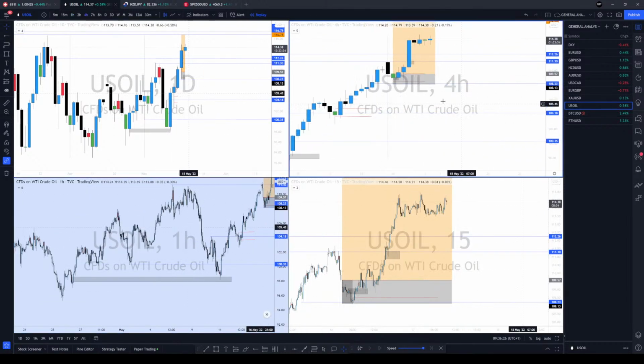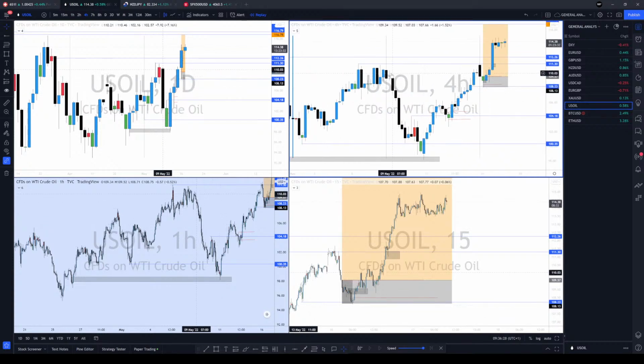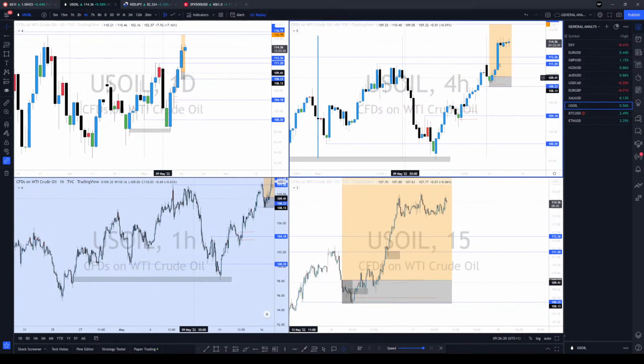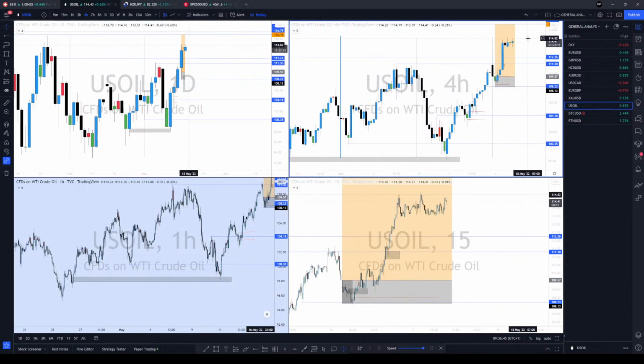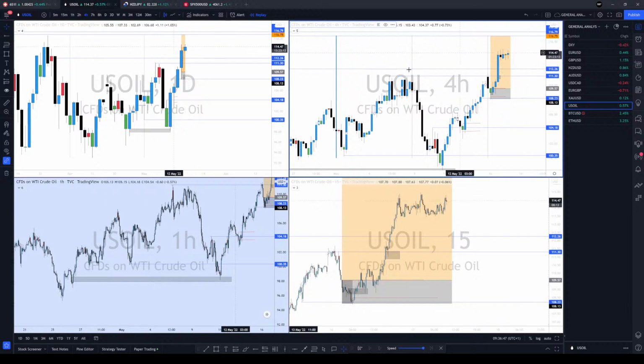If you look here, that's last week we started the week and then price just traded down from the onset, Monday, Tuesday, and then Wednesday we had price change direction. Thursday, Friday we were back up here, and then yesterday we've followed through to continue going up.